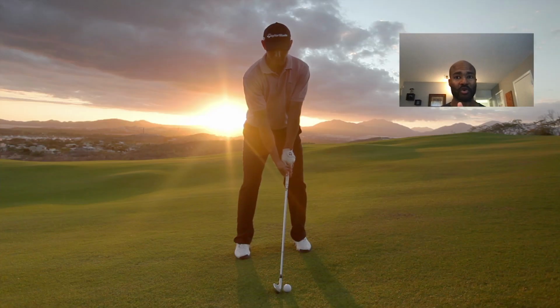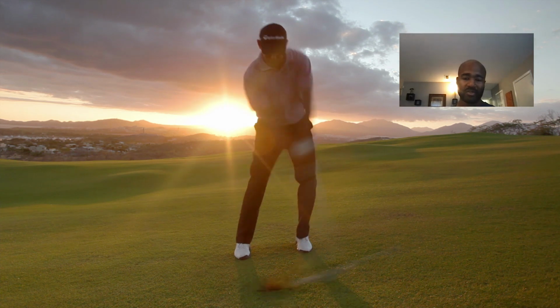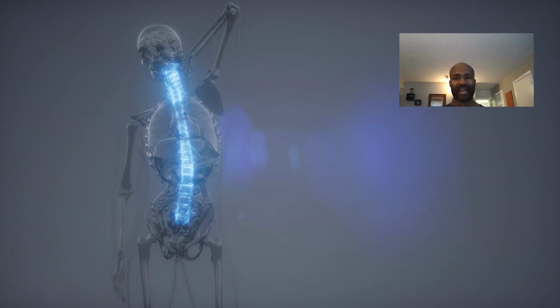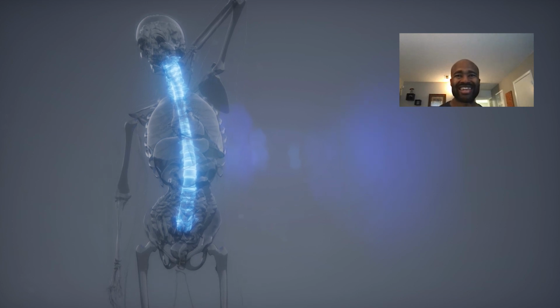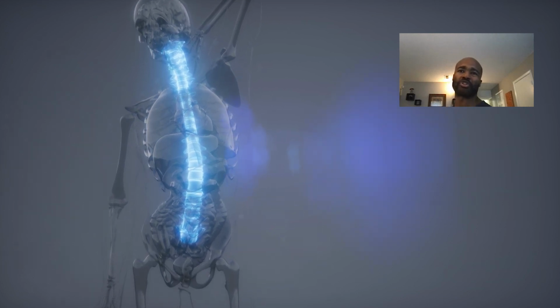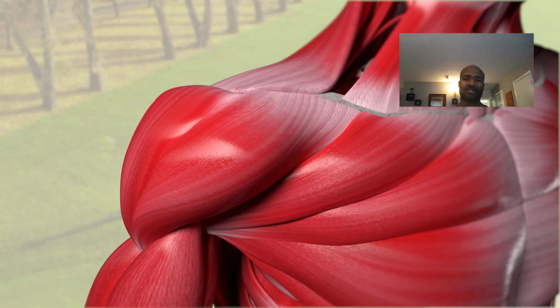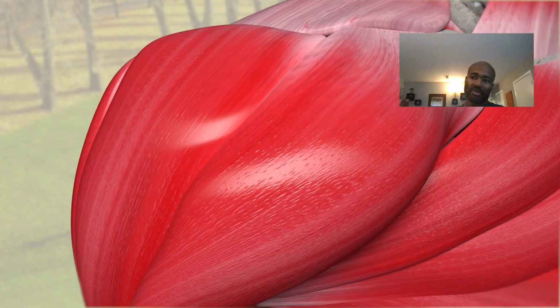And your shoulder turn and your ability to get your arms back. So for every degree that your spine cannot contribute to the shoulder turn, your body has to compensate by trying to muscle your club back with your arms.